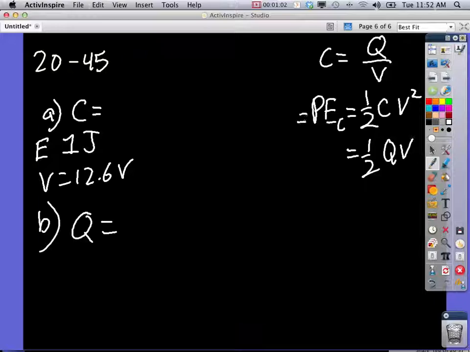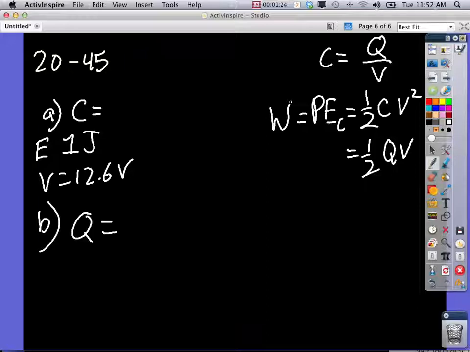Now, if you said W, that's the same thing, because this is the amount of work it took to put those charges on there. Once the charges are there, they have this much energy, however you want to look at it. Okay, so now I can just solve these.